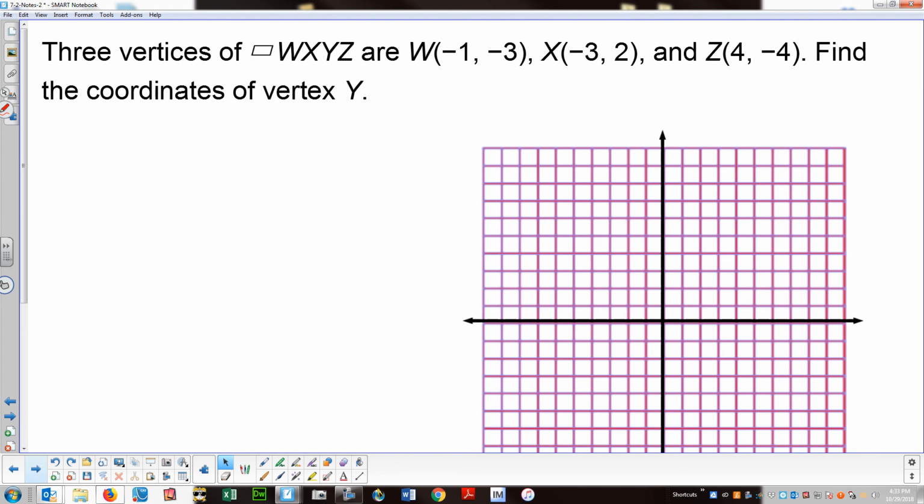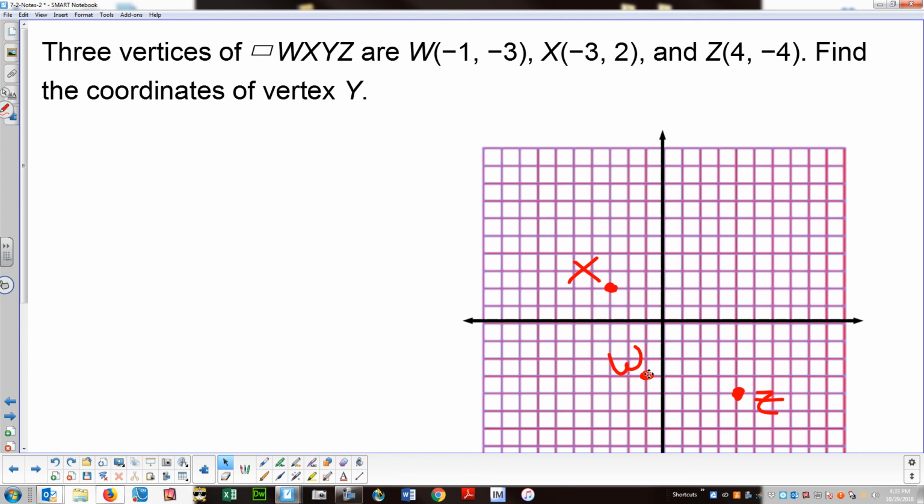And let's look at one more problem. Try plotting these vertices, -1, -3. There's W, and -3, 2. There's X. Z is at 4, -4. Okay?